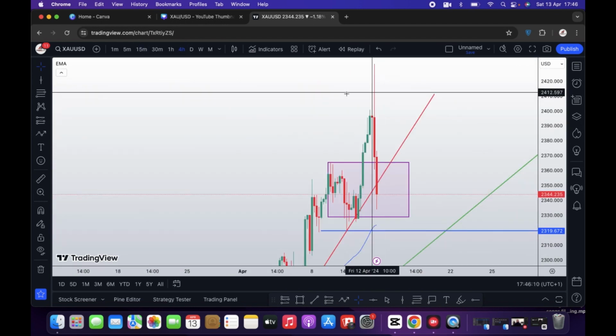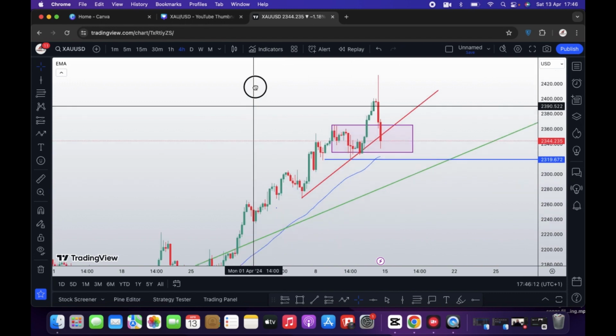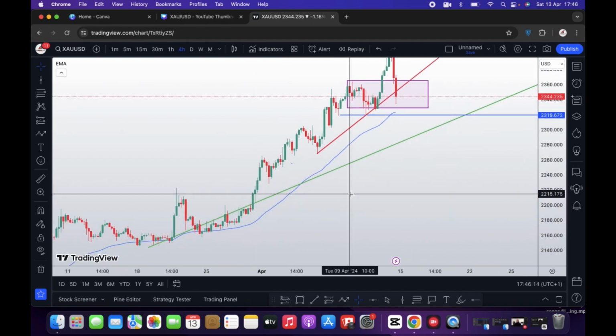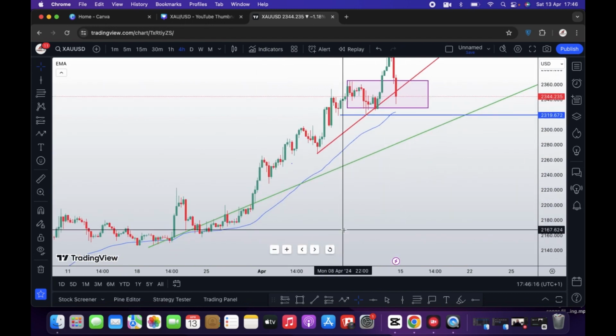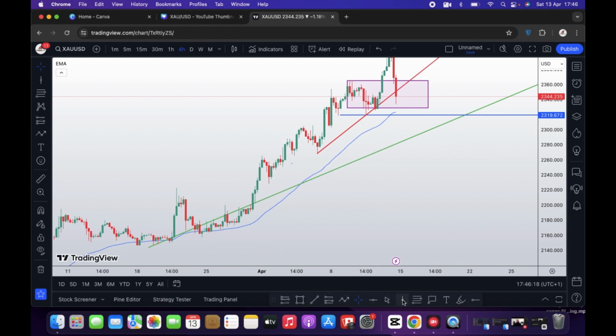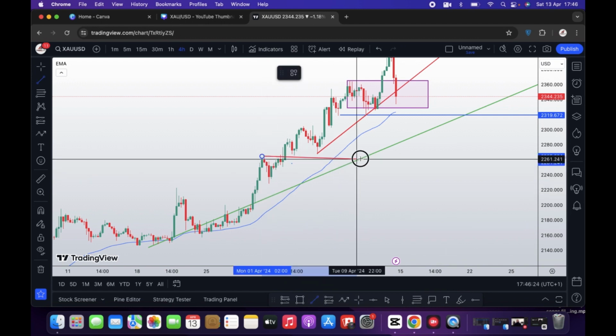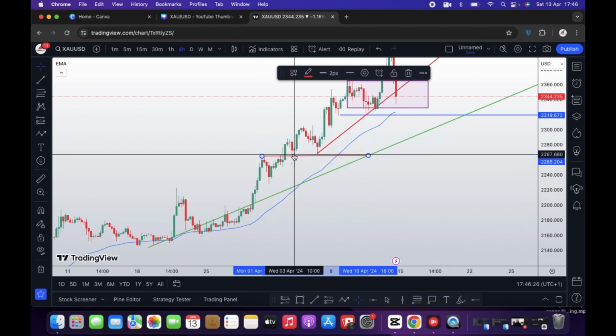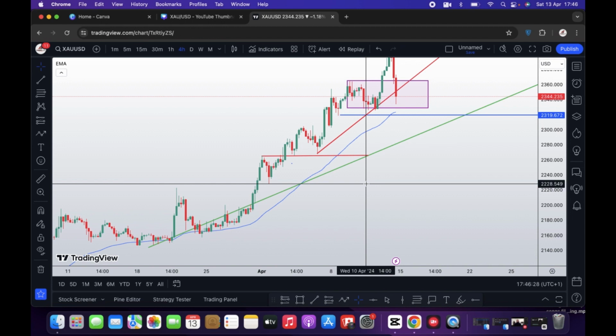Then this is another example on 4 hours time frame. Okay, let's use what happened here. You can see this level. Market took out this high. What's happening? It came back to retest it.